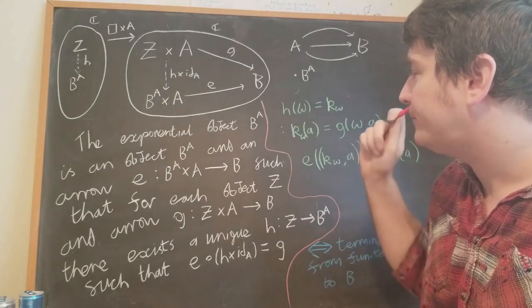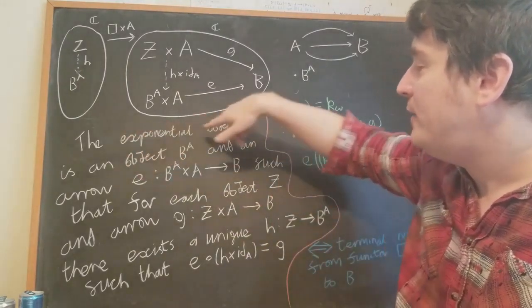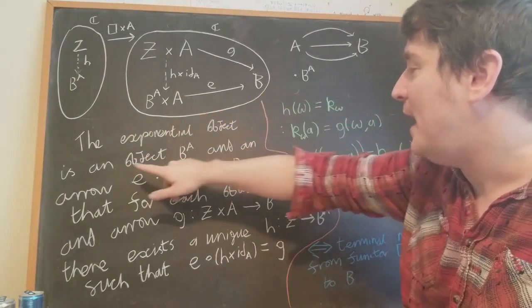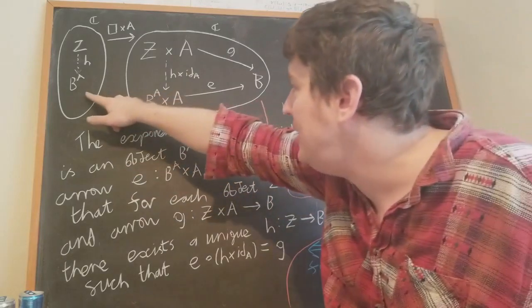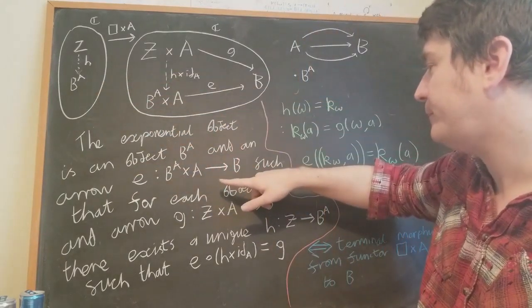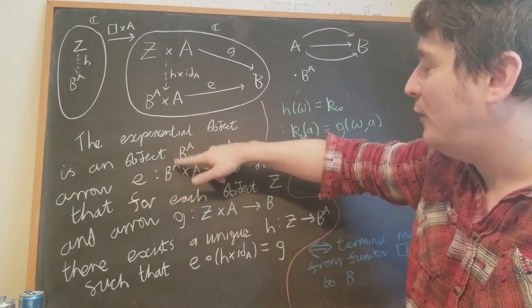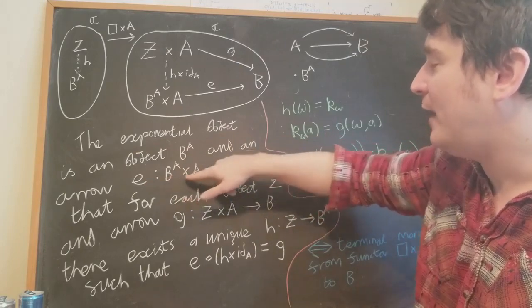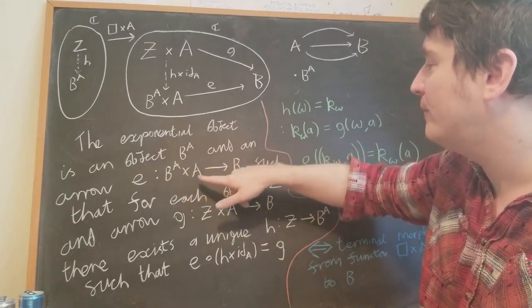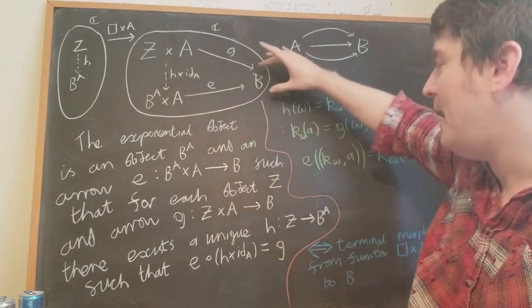So here comes the definition then. An exponential object is an object B to the power of A in our category, and an arrow e, which goes from B to the power of A times A, so this is the categorical product, to B, okay? So it goes like that.